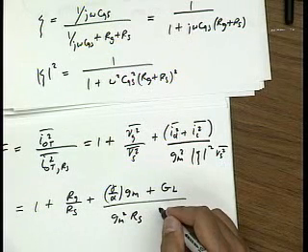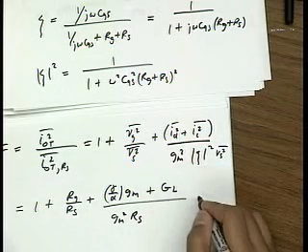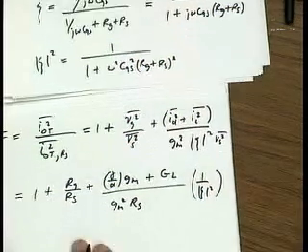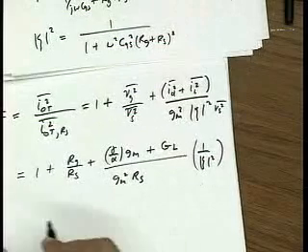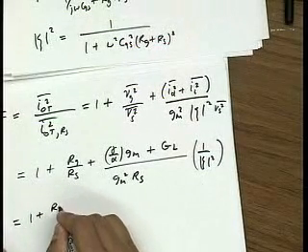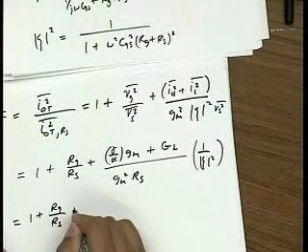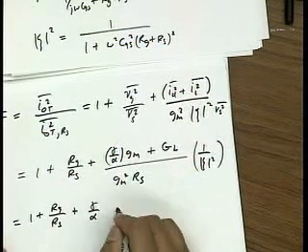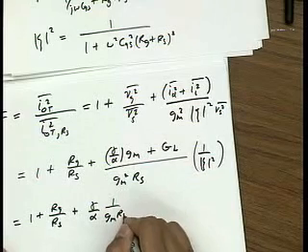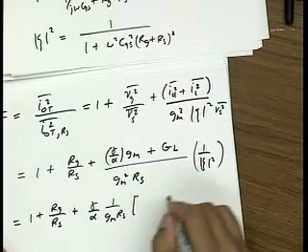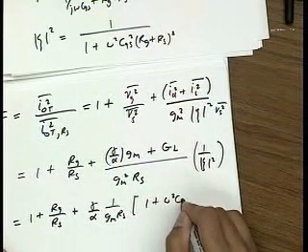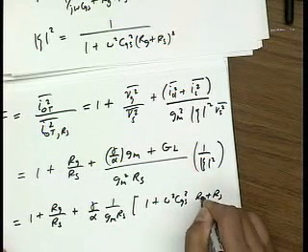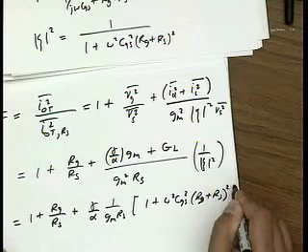And then I'm going to have this factor; let me write 1 over zeta squared again. So again, I'm just going to simplify: RG over RS plus gamma over alpha. GM cancels out. I get 1 over GM RS times 1 plus omega squared CGS squared times RG plus RS squared.